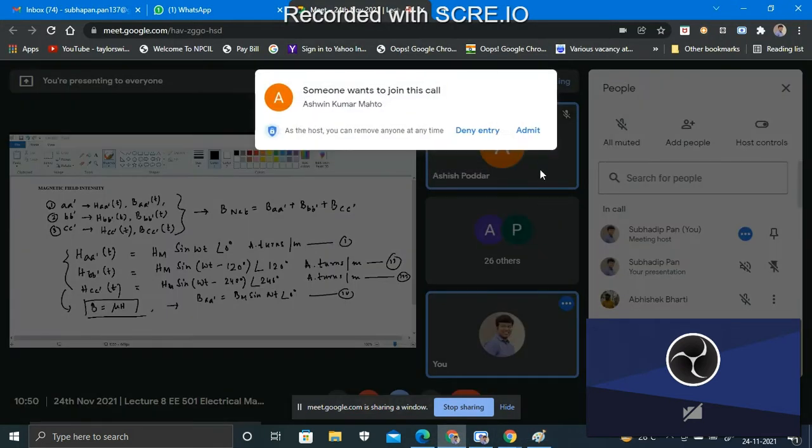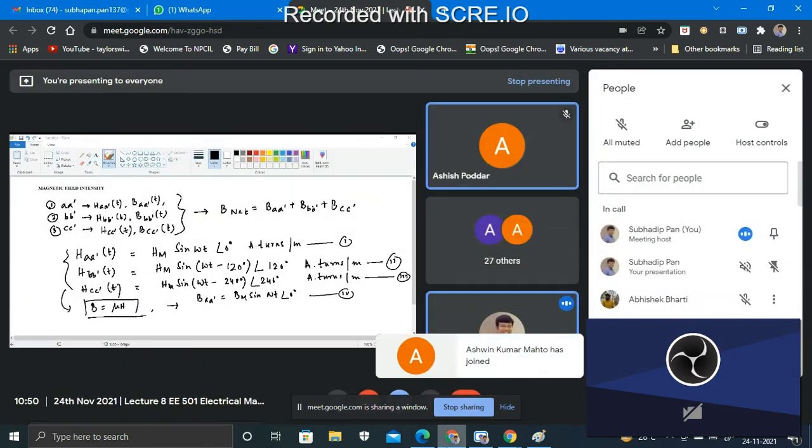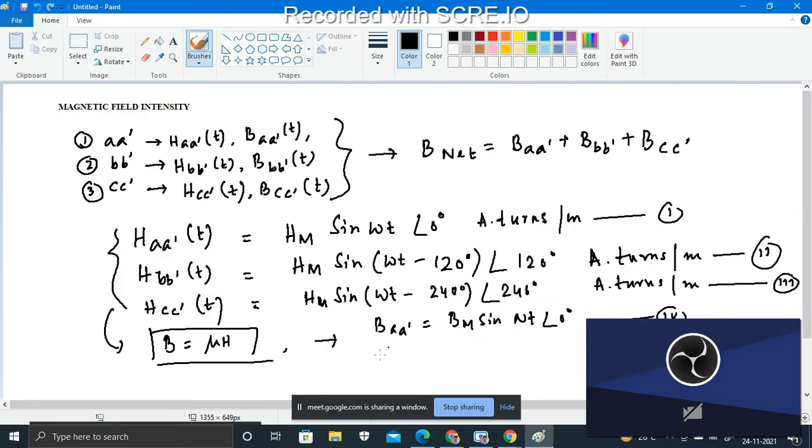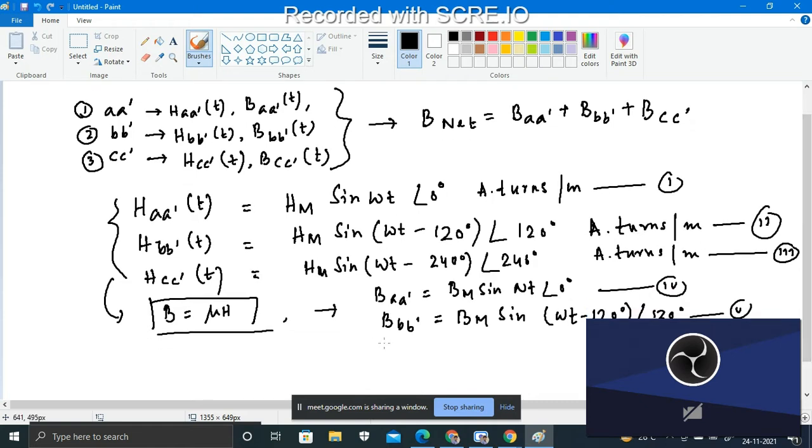From there we are finding B_B' equals Bm sine of omega t minus 120 degree at an angle 120 degree. And we are also considering B_C' equals Bm sine of omega t minus 240 degree at an angle 240 degree.